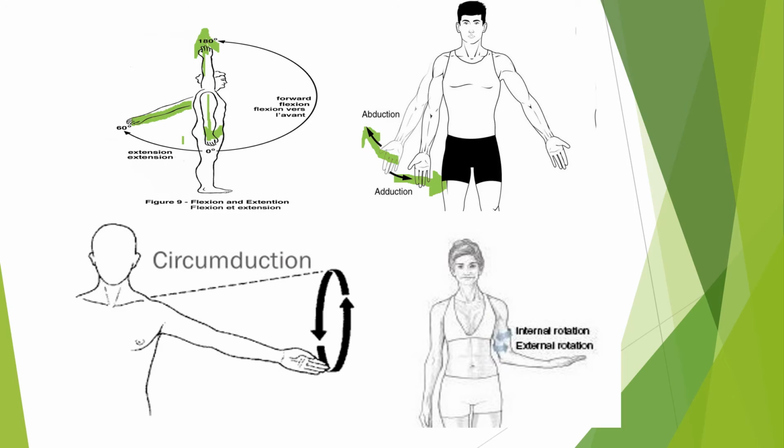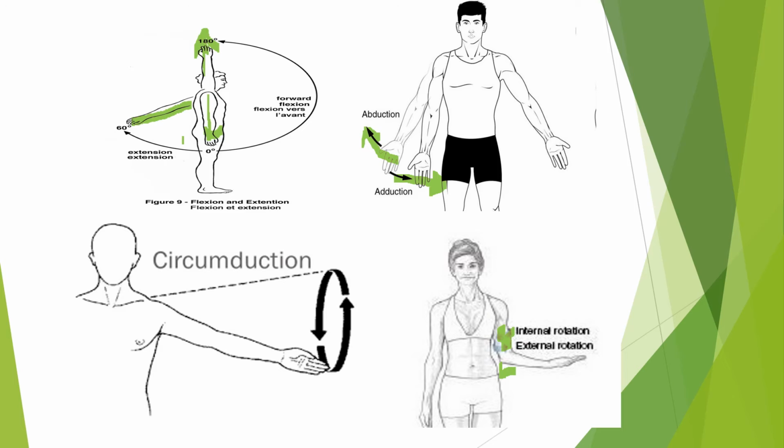toward the body. In internal rotation, the shoulder muscles rotate to the inner side. So on the inner side we see that the thumb is toward the inner side, and the hand is in the prone position.